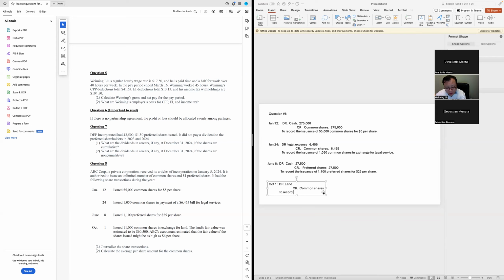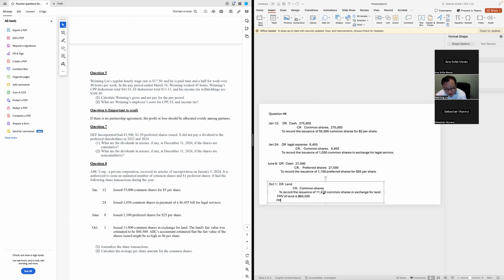To record the issuance of 11,000 common shares in exchange for land. The fair market value of the land is $60,500. What about the shares?